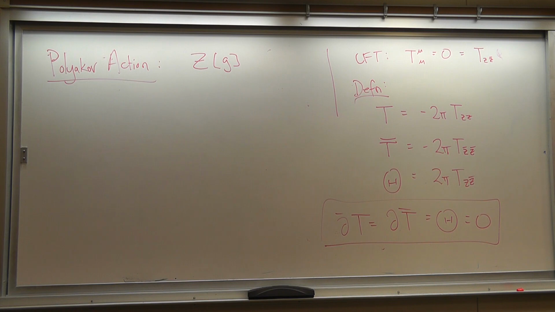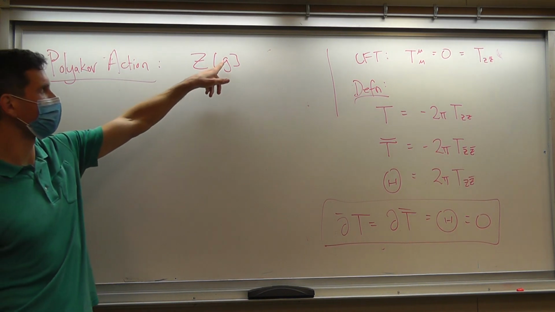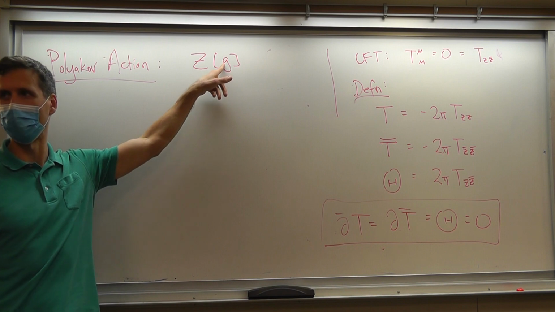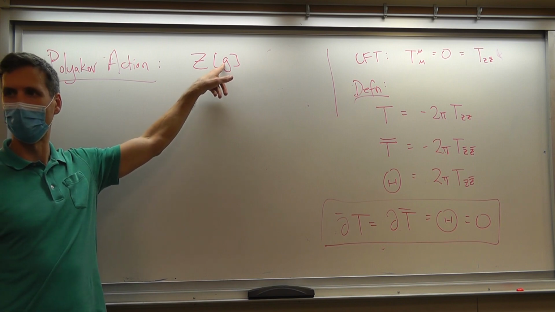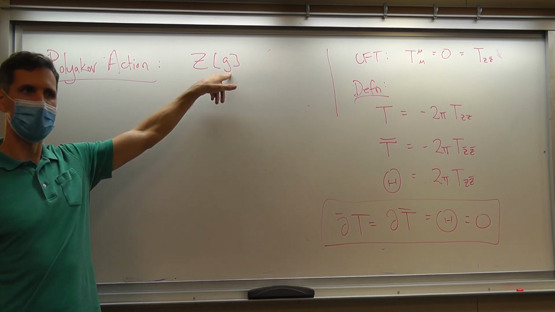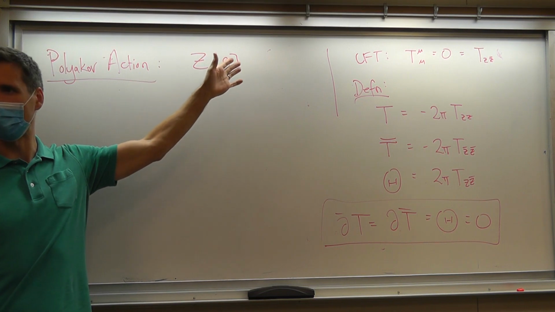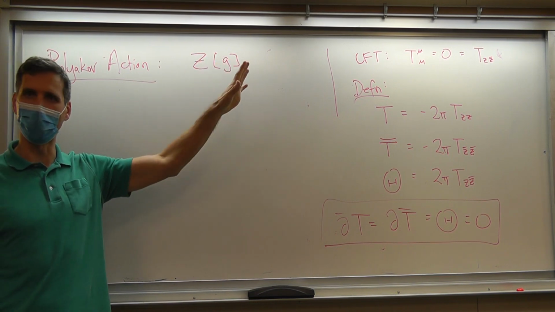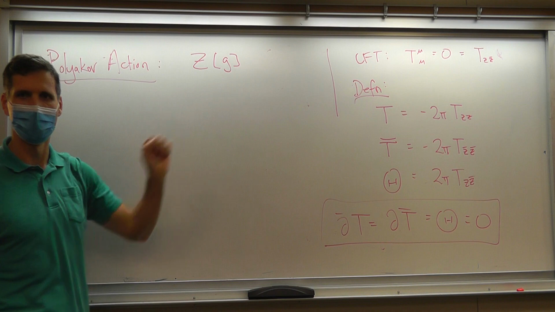It's just the empty path integral with nothing in it, but in a non-trivial metric. And the way to think about this is that this is the generator of the stress tensor correlation functions. If I know Z of g, then I can take derivatives of this with respect to g, and I can calculate all the correlation functions of T mu nu.